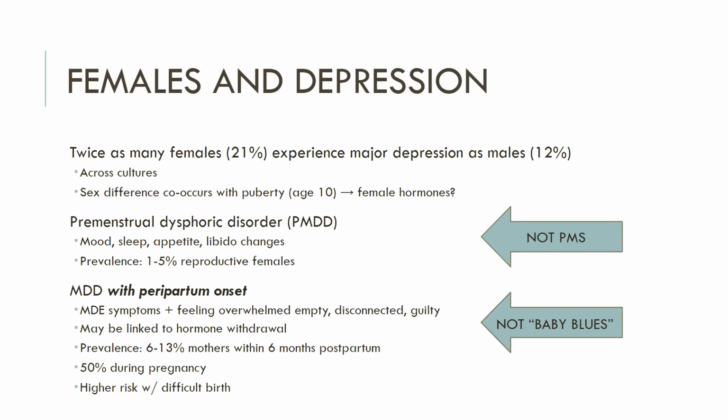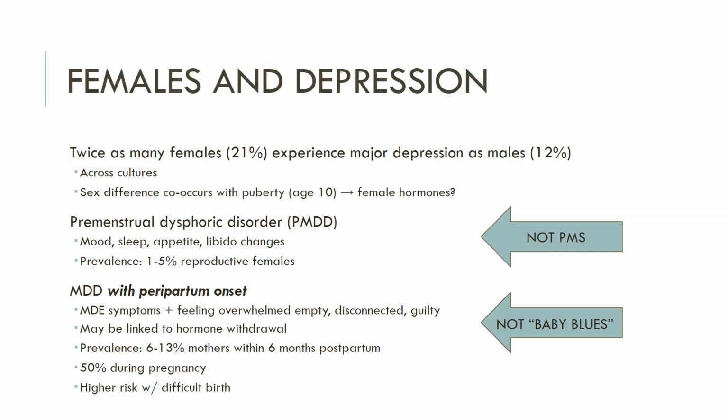So one such diagnosis is premenstrual dysphoric disorder, or PMDD. This would be diagnosed if a woman were experiencing consistent mood, sleep, appetite, and libido changes associated with her monthly menstrual cycle.